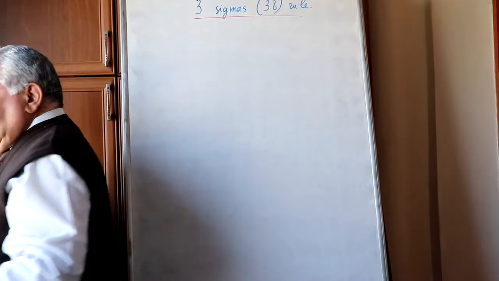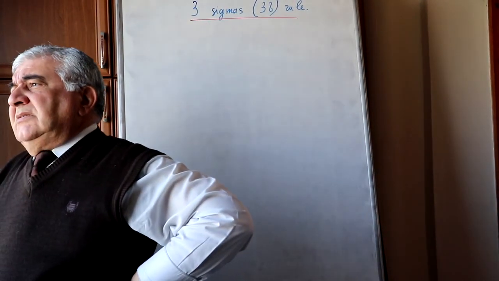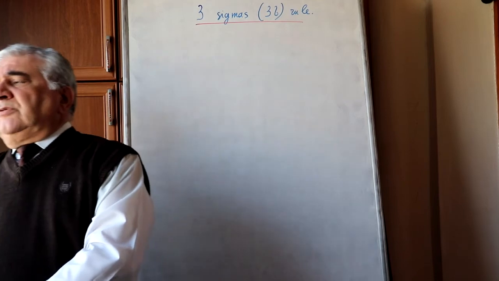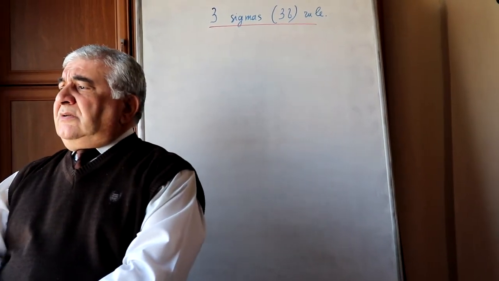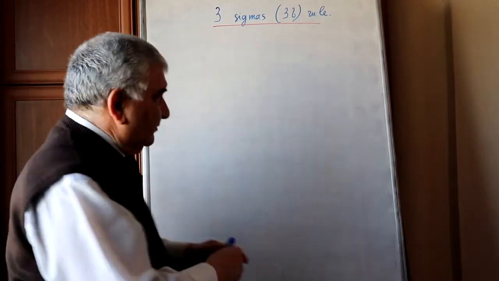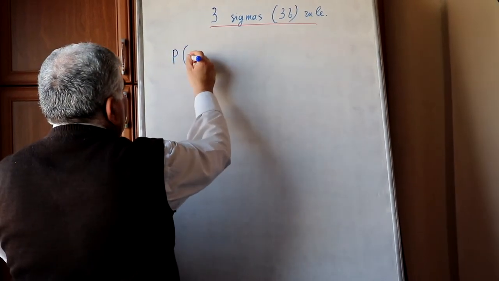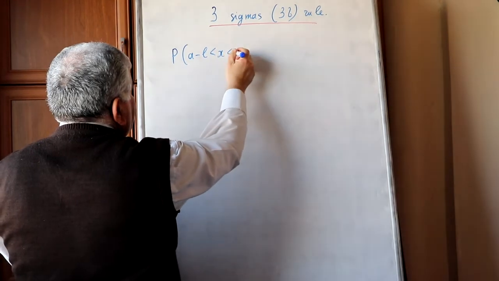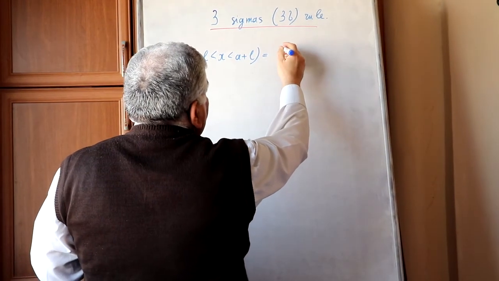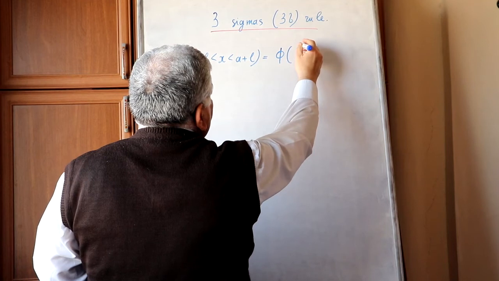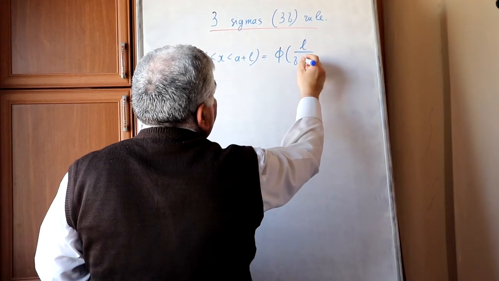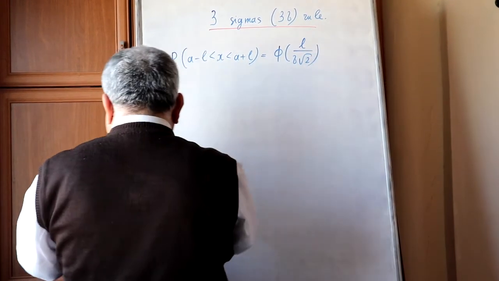Remember the probability that the continuous random variable with the normal distributive density will belong to the symmetric interval from A minus L to A plus L. P of A minus L is less than X is less than A plus L is equal to phi of L over sigma square root of 2. Already you know this formula.